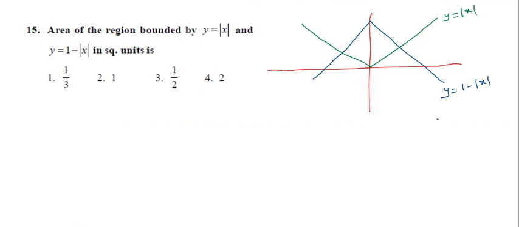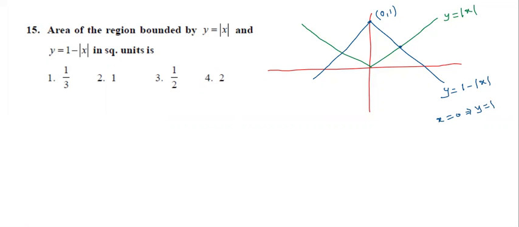In place of x, put 0. Then what happened? You will get y value is 1. This is 0, comma 1. Students, all of you understood? Now, how to find this? What about the point of intersection? I think this is 1 by 2.